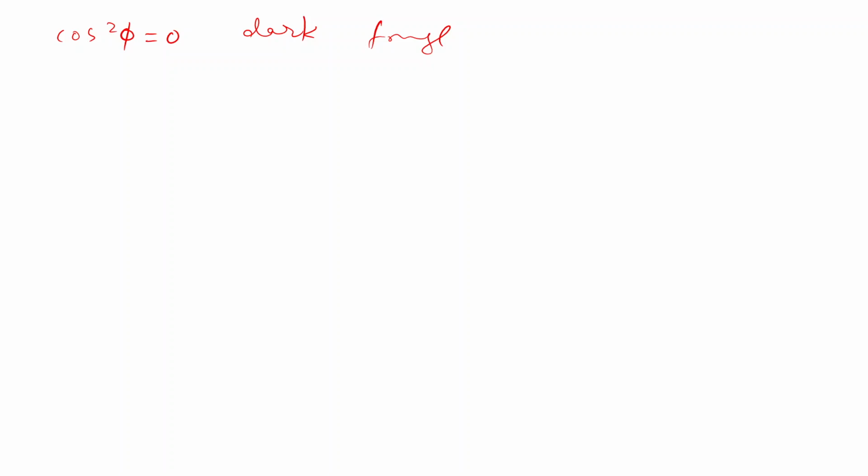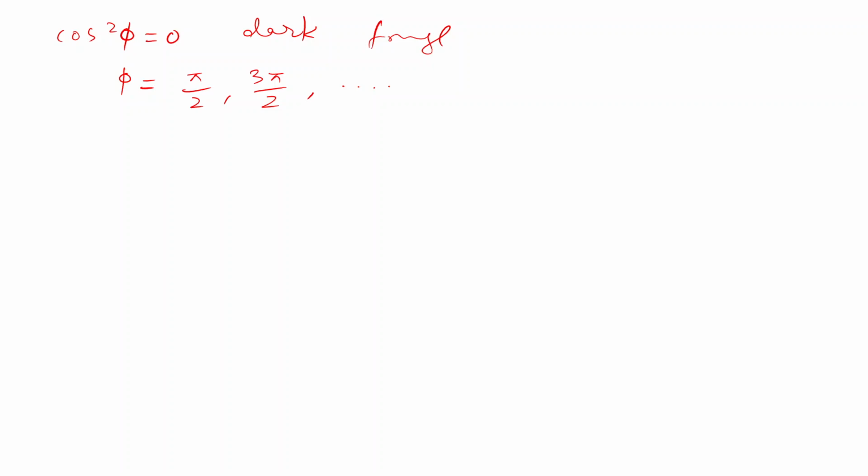And when do we get cos to be 0? When phi is pi by 2 or 3 pi by 2 and so on, right? That means in general, when phi is an odd multiple of pi by 2, we get cos phi to be 0.